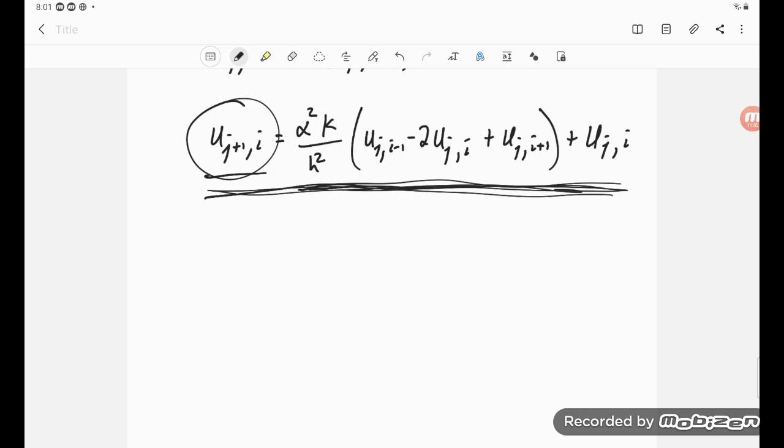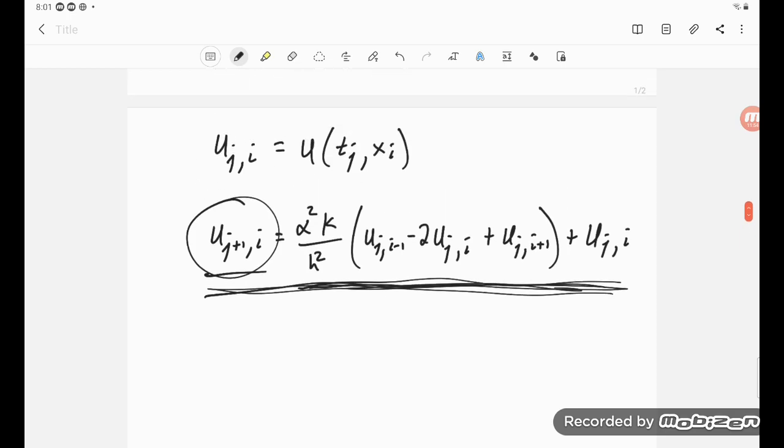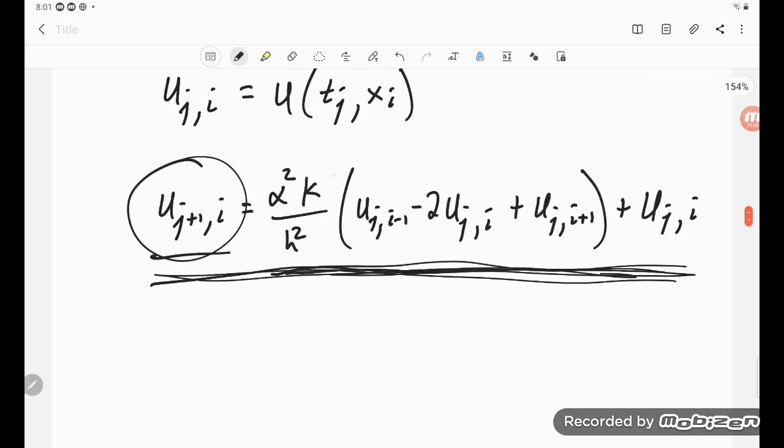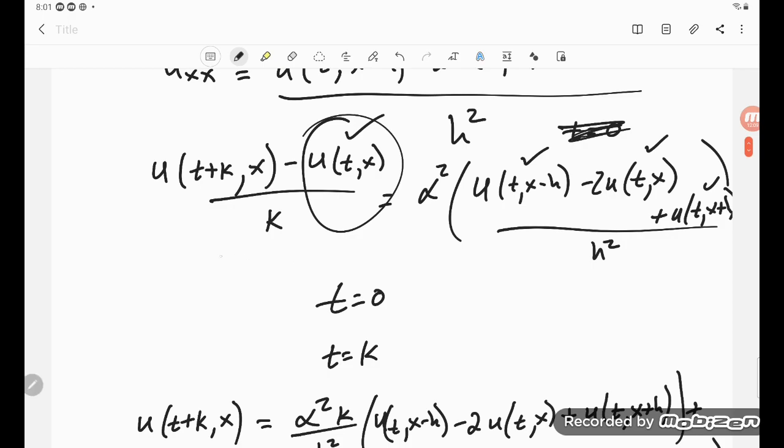Okay, now actually, when all said and done, because if k and h are about the same size, what I would prefer to do back here, kind of at this step, is instead of multiplying both sides by k, what I'd rather do is multiply both sides by h squared over alpha squared.